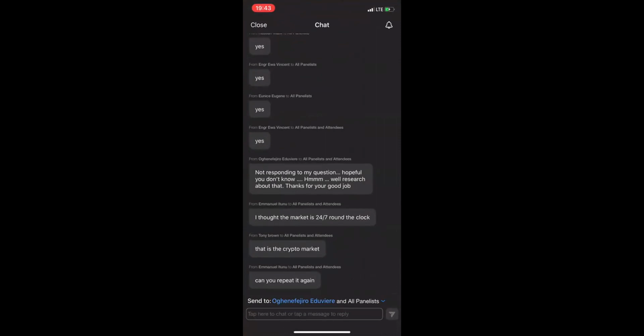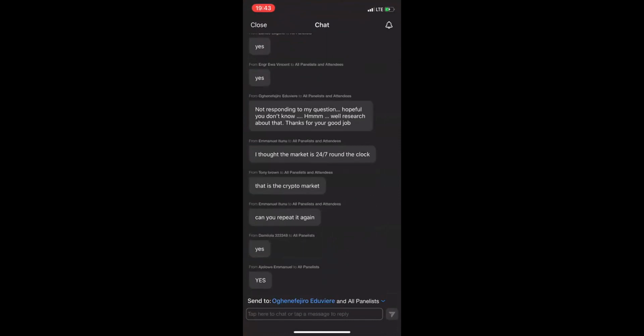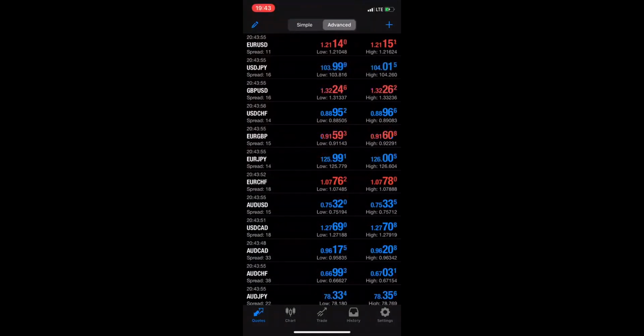You understand perfectly how to navigate the MetaTrader 4 from the quote to the chart to the trade to the history to the settings. The quote is where we have all our currency pair. If you want to add on, go to plus, add it on, automatically it gets added. I explained the low and the high. The low is the price the broker is willing to buy. High, the price the broker is willing to sell.